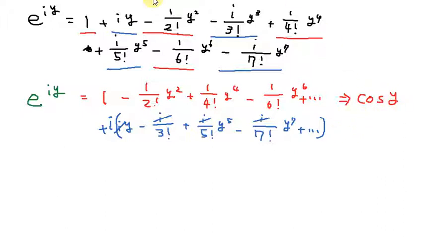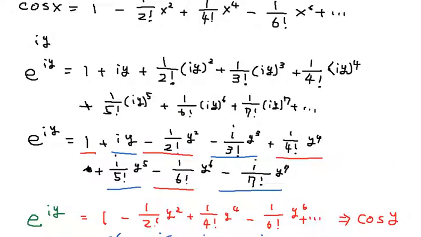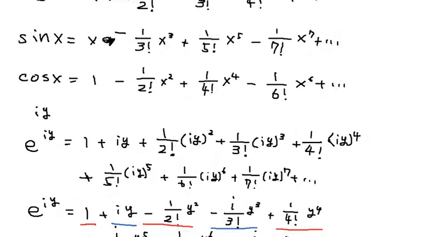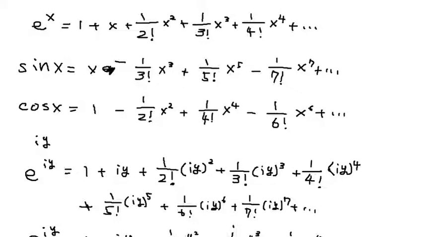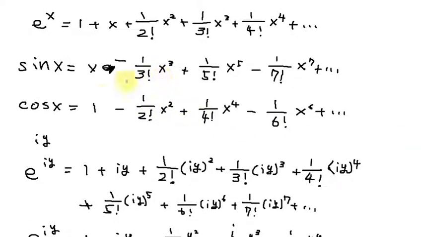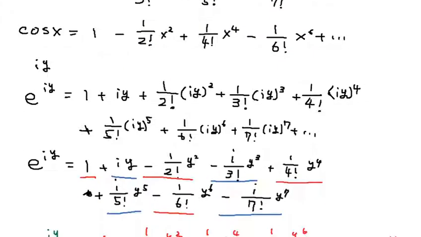Then the blue one, i times this part, is sine y. This is what we did before. We use y here, but the form is exactly the same.